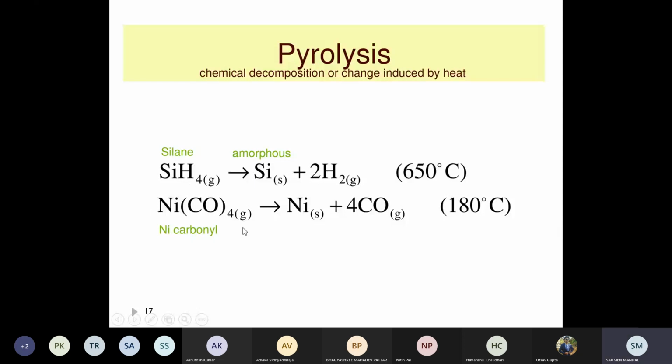So nickel, this Ni(CO)4, gives nickel and 4CO at 180 degrees Celsius. So with these two reactions, we can deposit the metal, but in the case of metal, your substrate temperature should not be high, because otherwise it will form oxide, metal oxide.